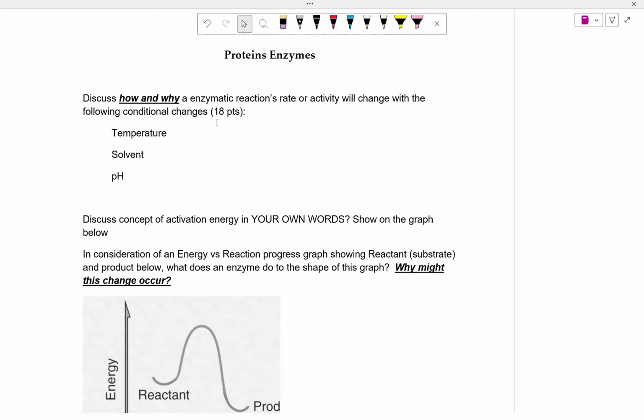The how is, when you change solvent, the active site changes shape.